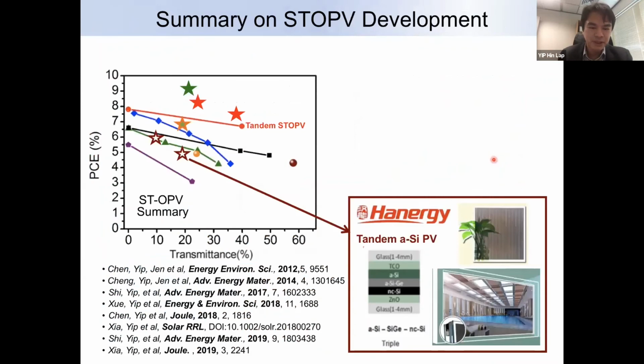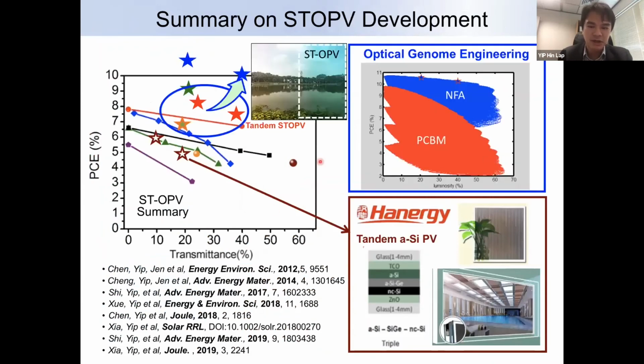Anyway, I would like to summarize in 2 slides. With this high throughput optical engineering, or optical genome engineering, we will be able to selectively guide ourselves to make a very good semi-transparent solar cell with tailored optical properties.